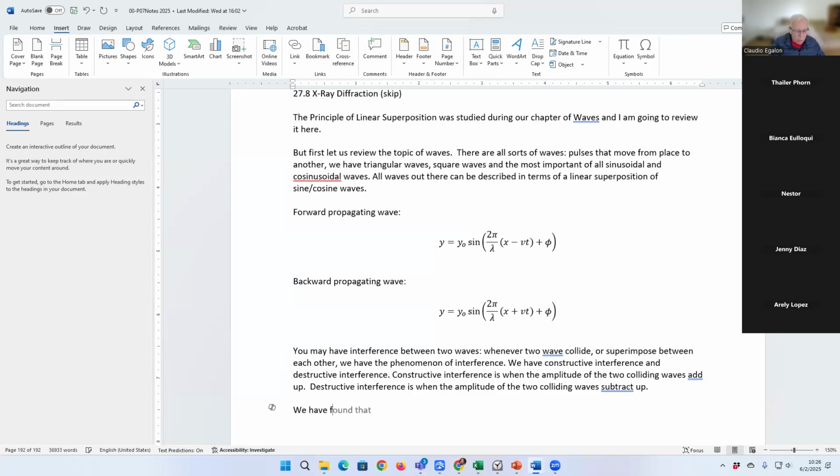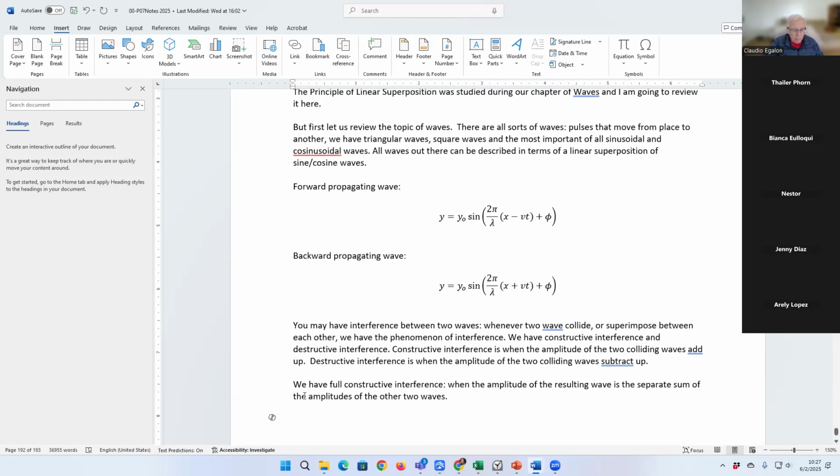We have full constructive interference when the amplitude of the resulting wave is the sum of the amplitudes of the other two waves.